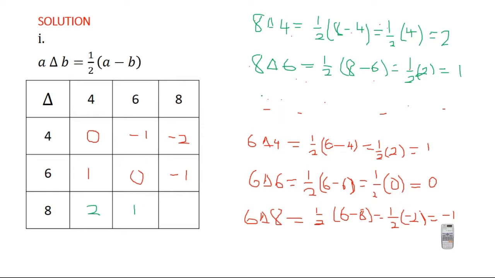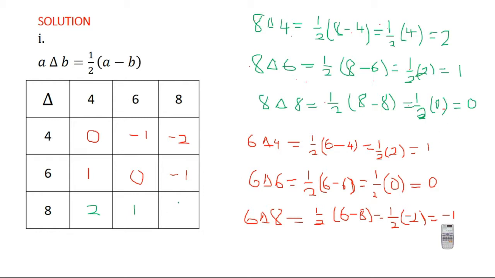So 8 delta 8 is equal to 1 over 2 into bracket 8 minus 8, and 8 minus 8 is 0, so 1 over 2 times 0 is going to give us 0.